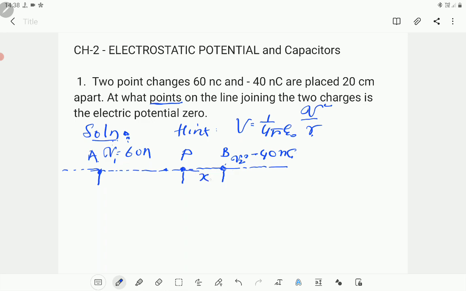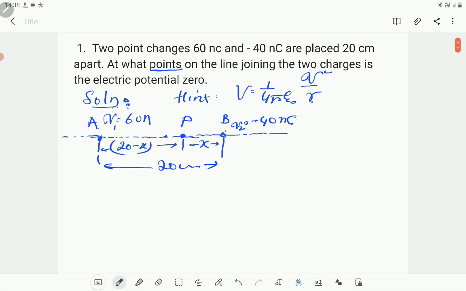We can take it like this, either minus or plus. Then the total distance between the two charges is 20, he says in the problem. Remaining distance from point A, that is charge Q1, is 20 minus x. This distance is 20 minus x. That's it. Very simple.